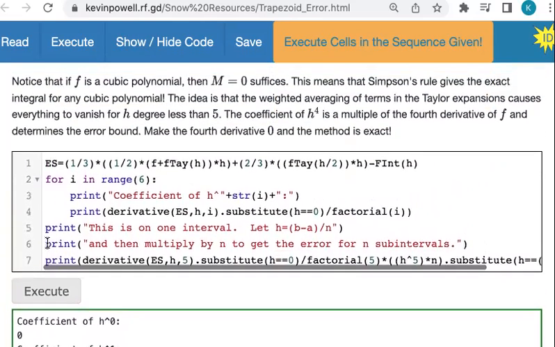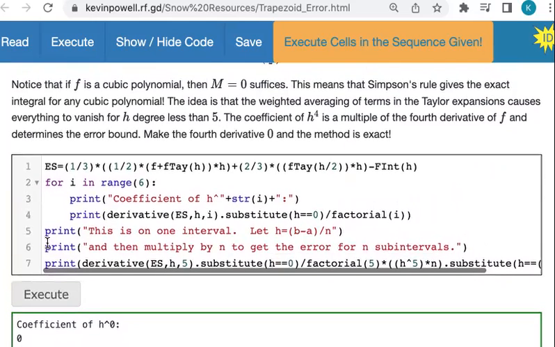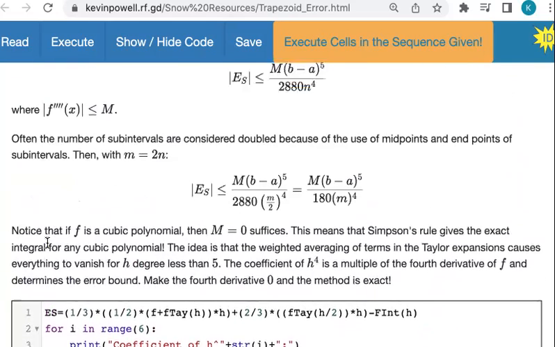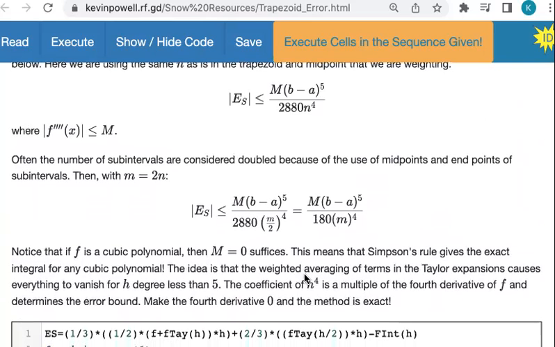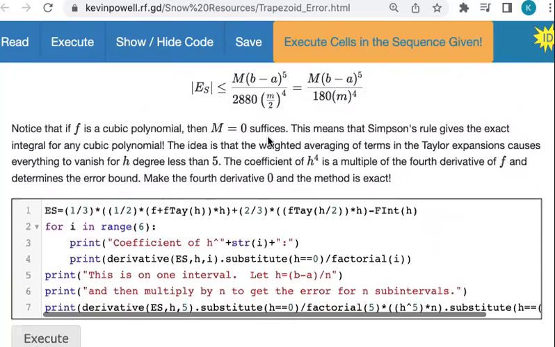Normally for Simpson's rule, at least often people like to double the number of subintervals from what we're using for the midpoint rule and the trapezoid rule. And when we do that, then actually this constant becomes 180. Okay, but if we want to keep n just the same as midpoint and trapezoid, so we could just think of a weighting, then we would use 2880.